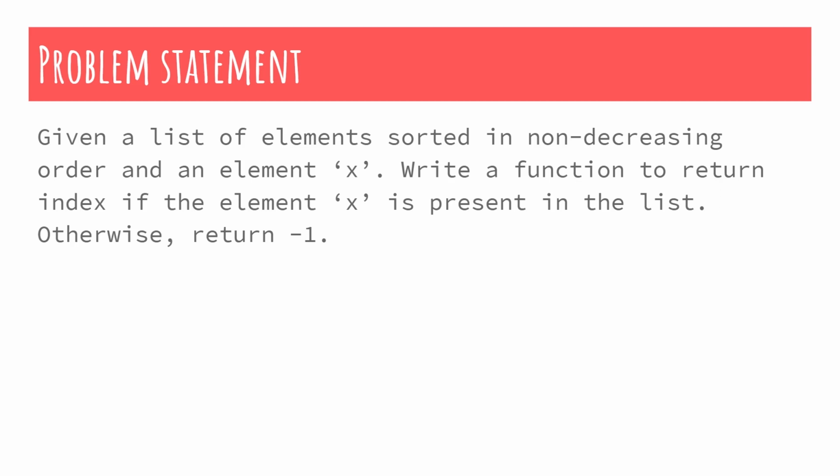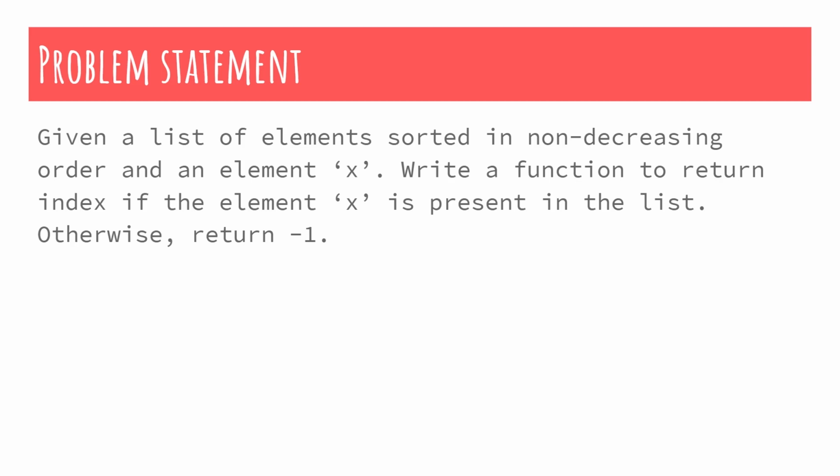That is, if you are given an array of integers and also an element called x, you are supposed to return the index of x if x is present in the given array, or else we are supposed to return -1. Let's jump into the solution approach.